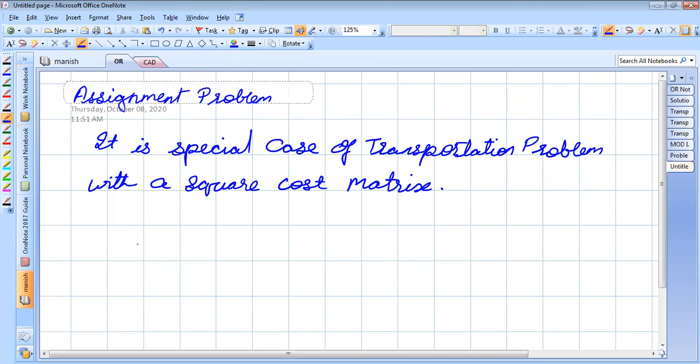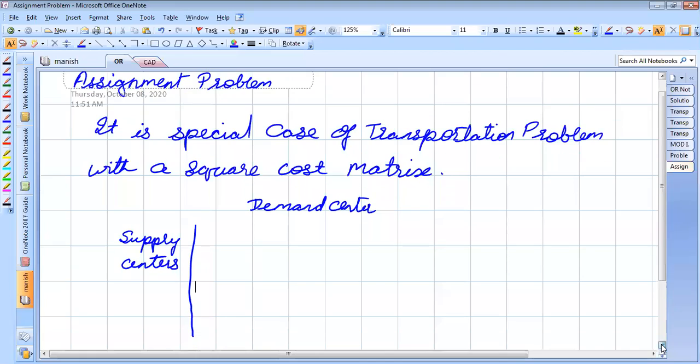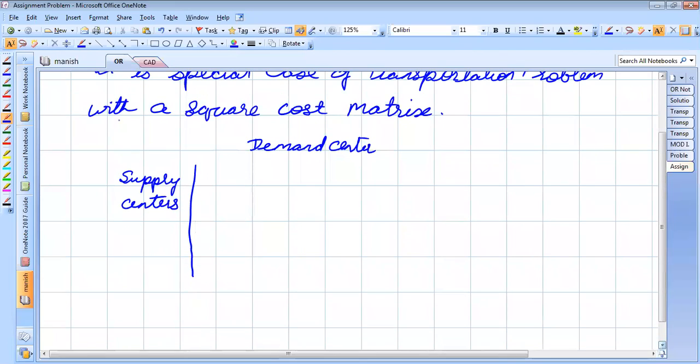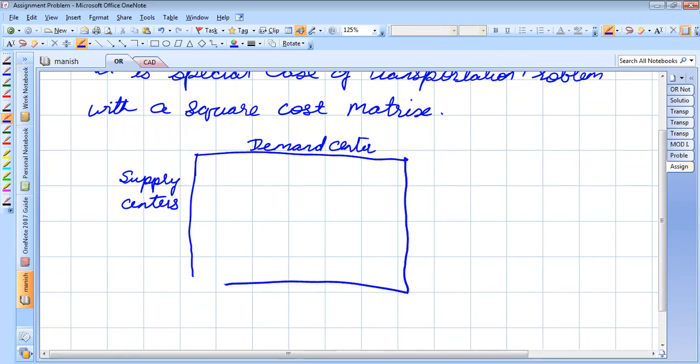Okay, so normally we have supply centers here, then you have a demand center. So we used to have supply centers and demand centers.